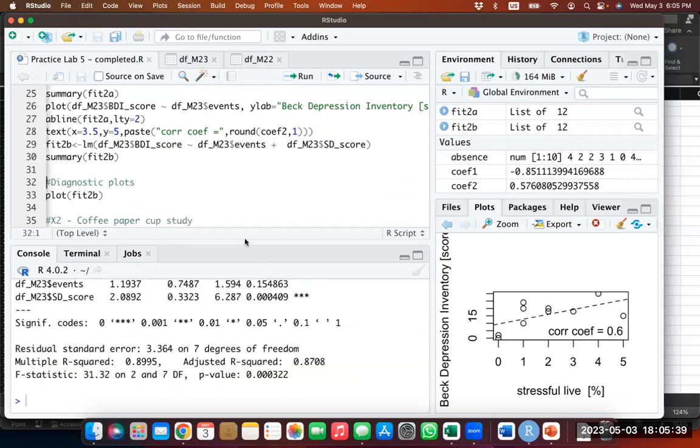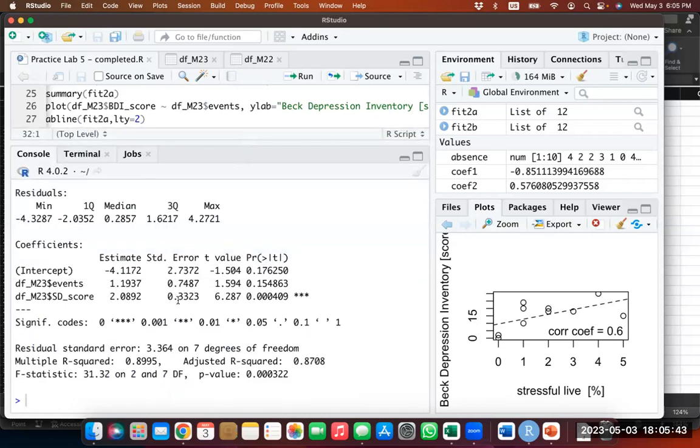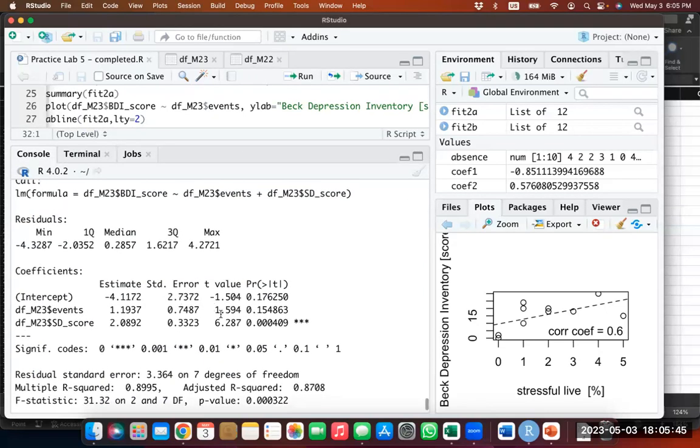And with lines 29 and 30, we have now computed our first multivariable model, which is depicted here with the formula: vector regression score as a function of events and the sleep disturbance score. It is robust to some extent against adjustments.